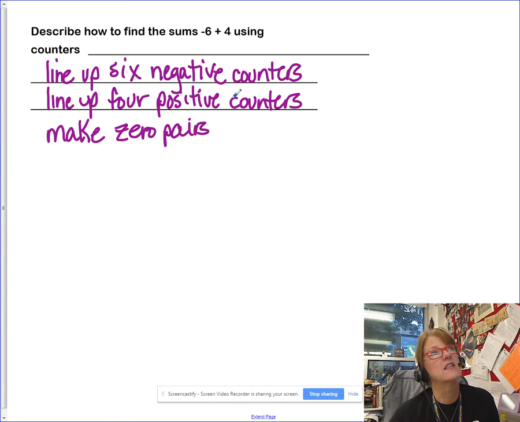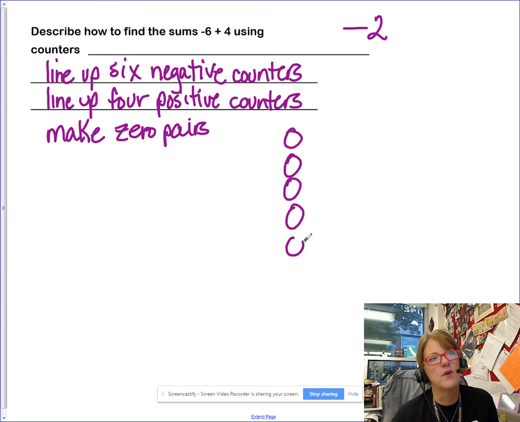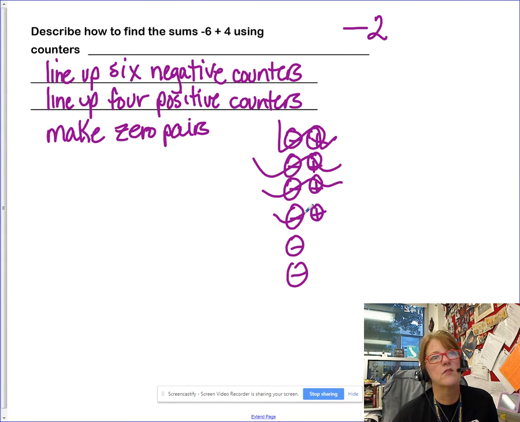In this case, you have more negative counters, so I can tell the ones left standing, even without drawing it, are going to be the negative ones. But if I do it just by drawing by hand, here's your 6 negatives, here's your 4 positives. All of these wipe each other out. And there you go.